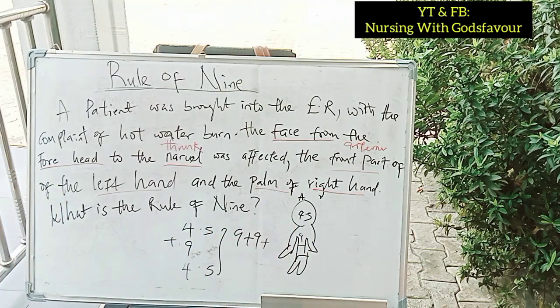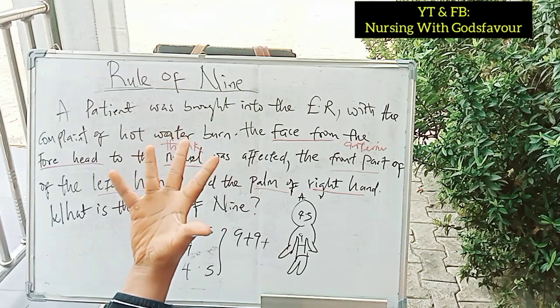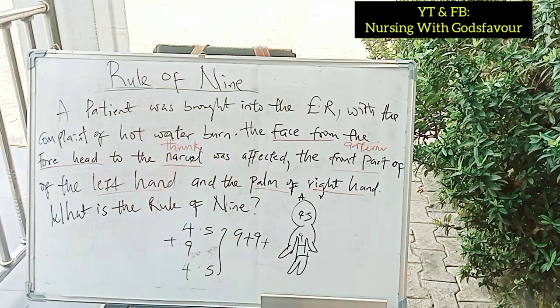If you remember what I explained in the definition of the rule of 9, the palm of the hand with the fingers, when stretched out, is 1%. So 9 plus 9 is 18, plus 1 is 19. So the answer to this question is 19%.